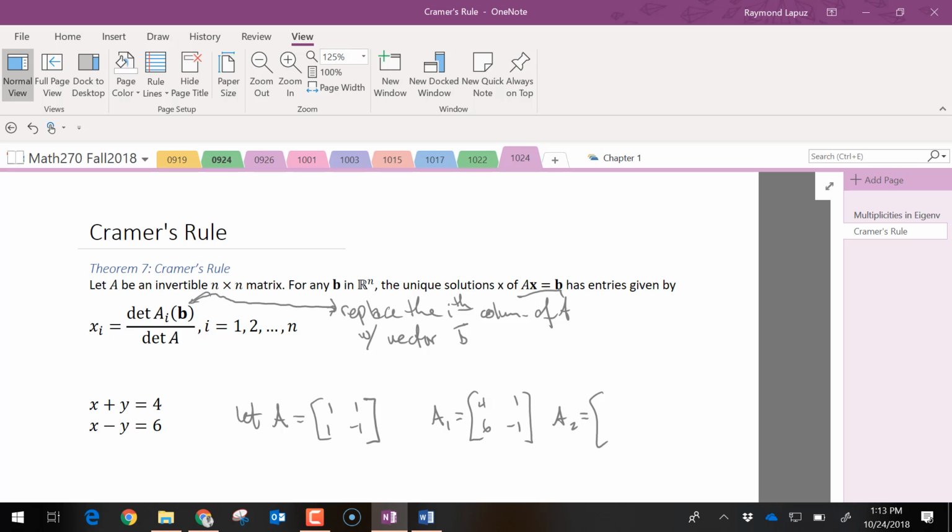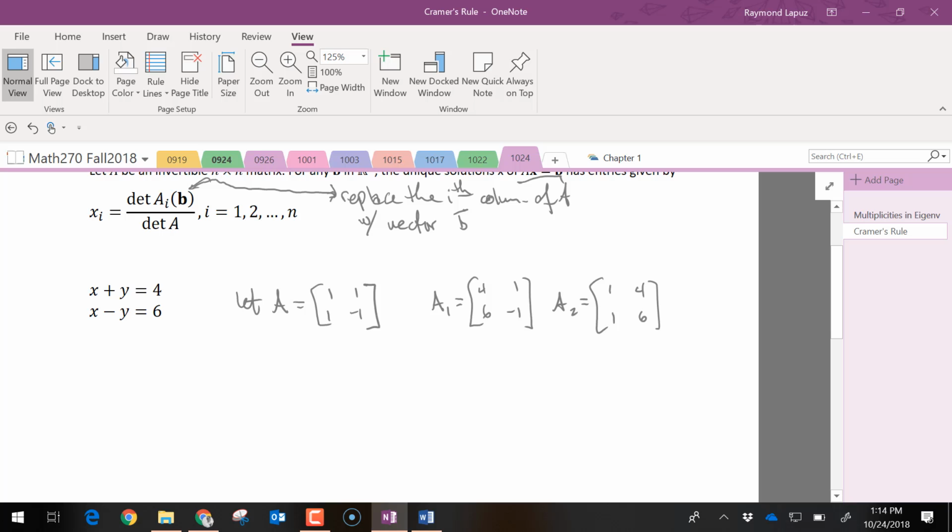And the second one would be the same matrix A, except I'm going to change the second column into 4, 6. So the first column was 1, 1, and the second column will become 4, 6. And so if we find the determinants of each of them, the determinant of A is going to be, let's see, negative 1, minus 1, negative 2.